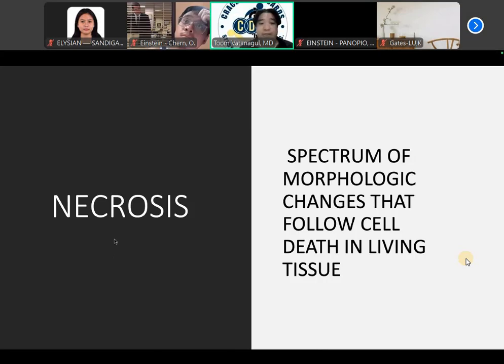Okay, so let's mention necrosis. Now, the previous definition in Robbins was the sum of all cellular death. This has now been revised to the spectrum. Okay, it's a spectrum of morphologic changes that follows cellular death in a living tissue.